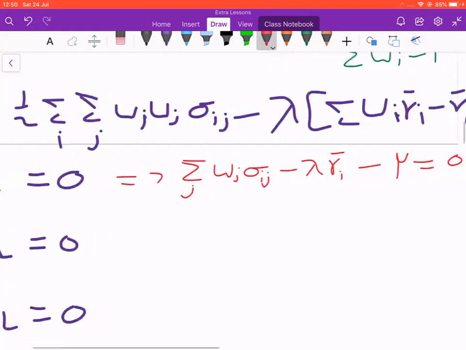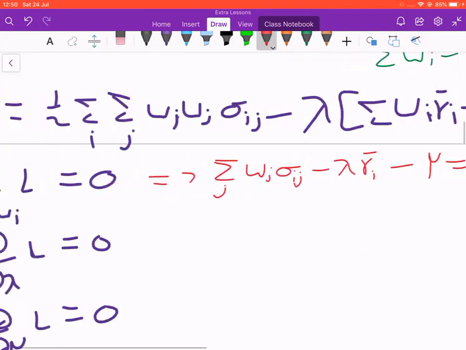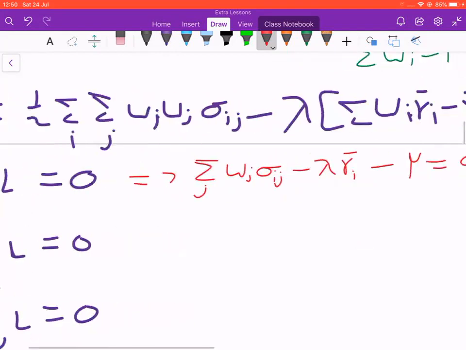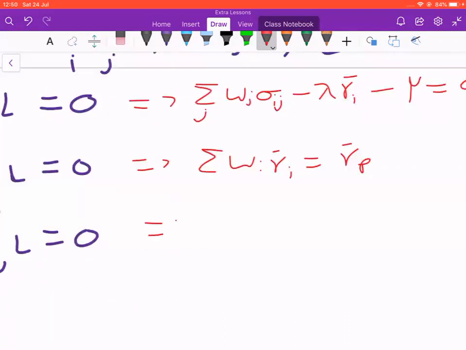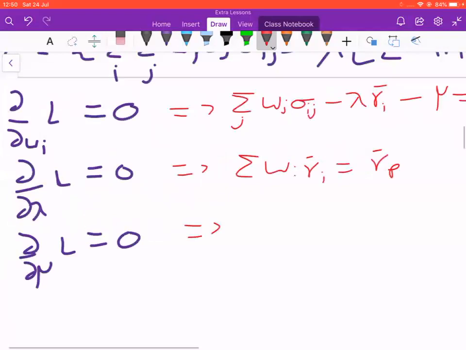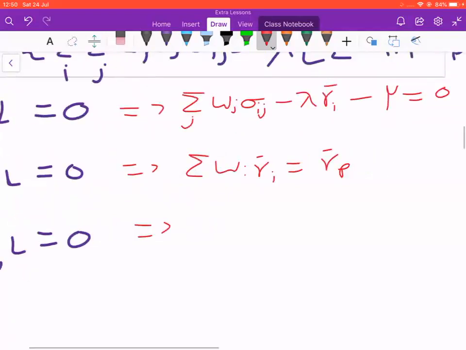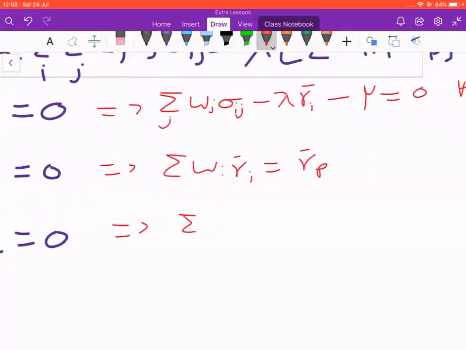Again for lambda, it will basically give you the sum of all the weight returns, equal to your own desired portfolio return, or the stated portfolio return. And then when you derive the Lagrange in terms of mu, you will be left with the sum of the weights equals 1.